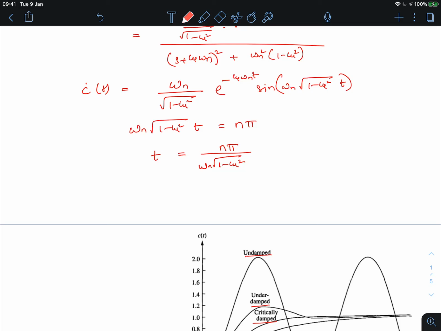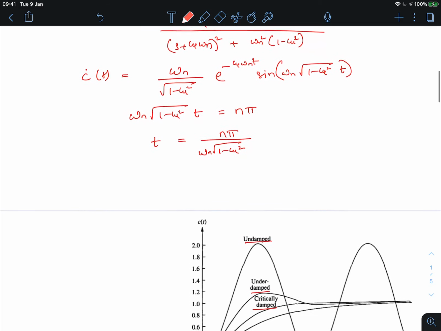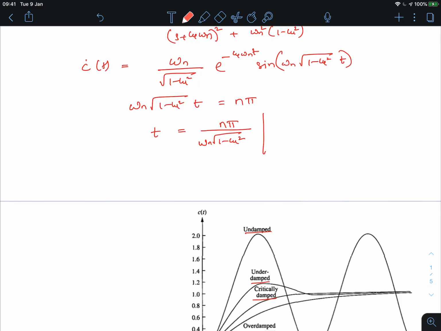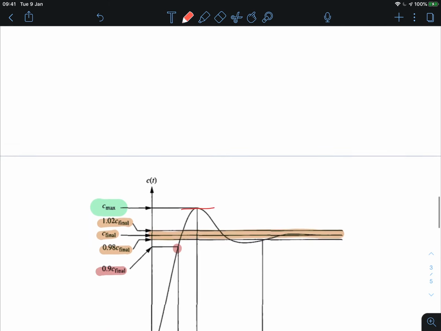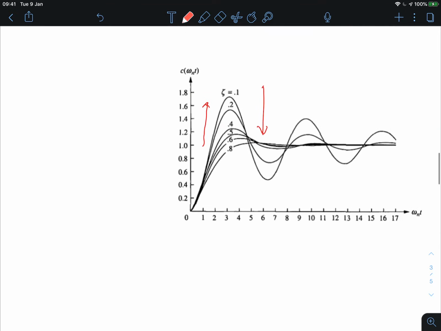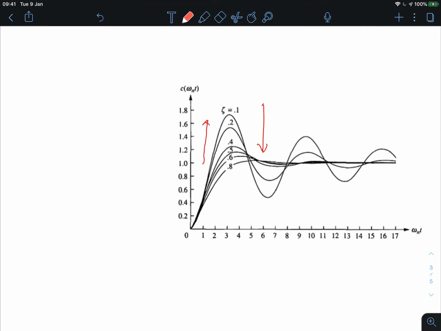Okay, now n, by putting n is equal to 1, we will get our Tp, because we are looking for the first time it reaches the maximum value. Since in the generic response of xi lying between 0 and 1, there are many points at which the tangent would be 0.